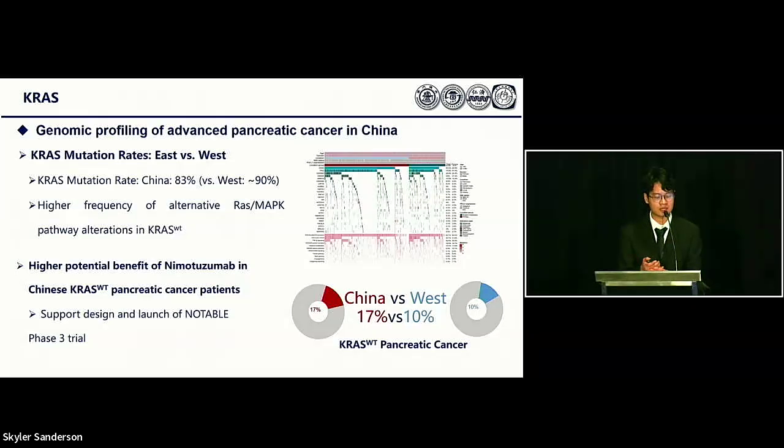In a previous study, our team identified the genetic profiling of several advanced pancreatic cancer patients in China, and we found that the frequency of KRAS mutation in China is about 83%, which is slightly lower than in Western populations. So how to bring benefit to these KRAS wild-type pancreatic cancer patients has been a question to be explored.